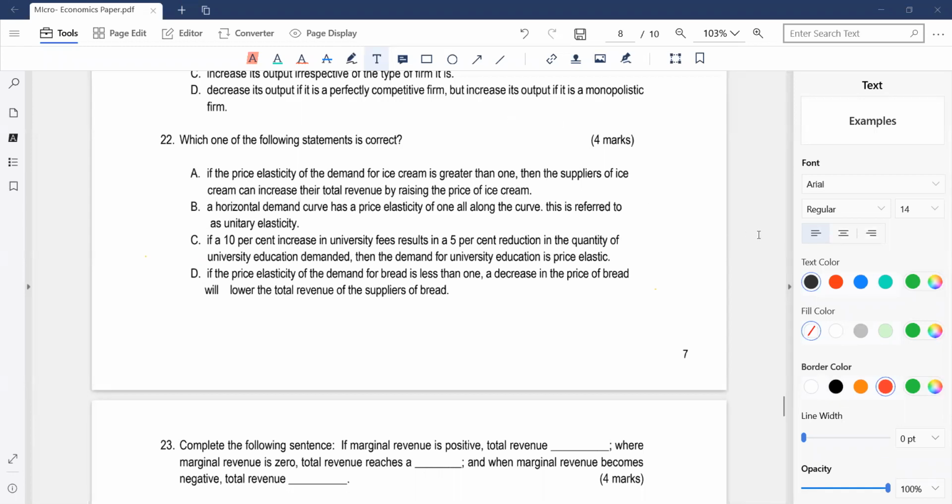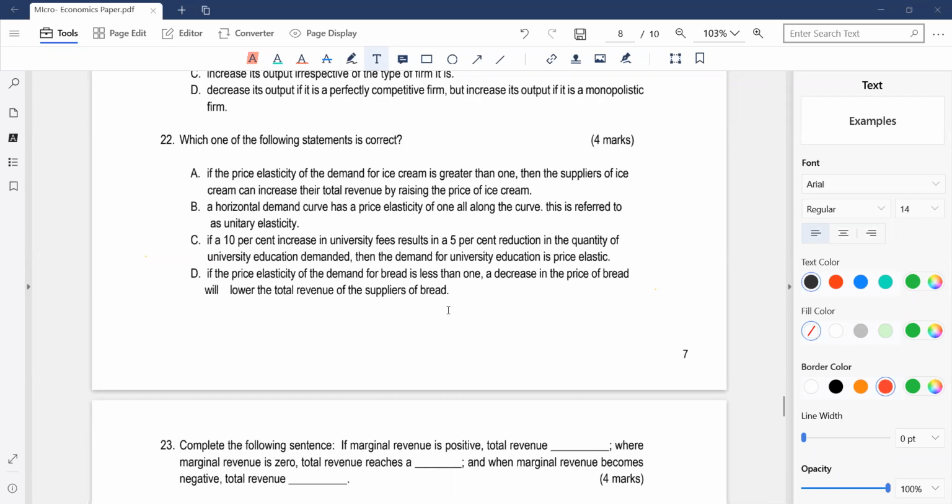Let's go to C. If a 10% increase in university fees results in a 5% reduction in the quantity of university education demanded, then the demand is price elastic. No, it is price inelastic, because a change in price of 10% results in a smaller reduction in quantity demanded. So it's inelastic. So C is no.